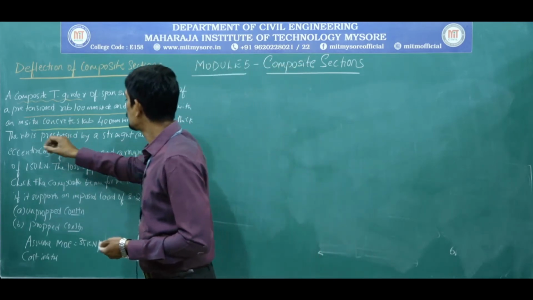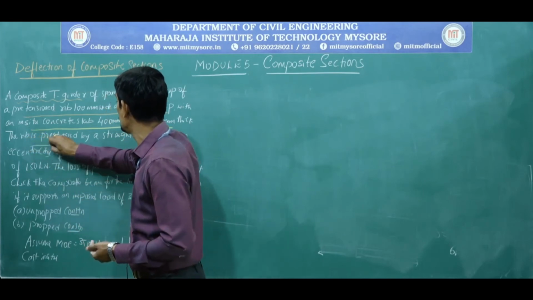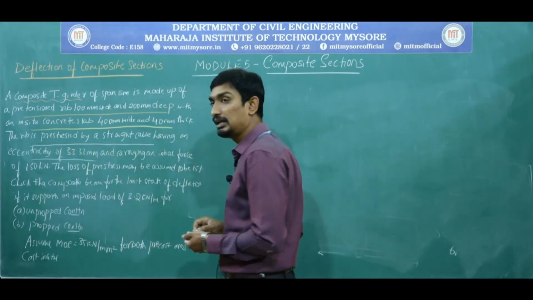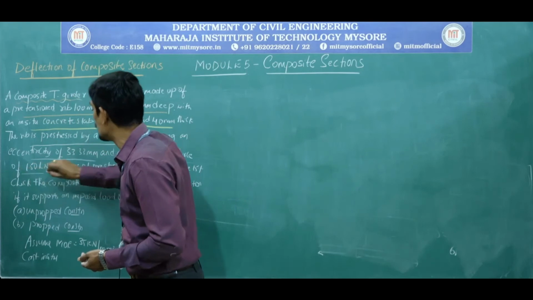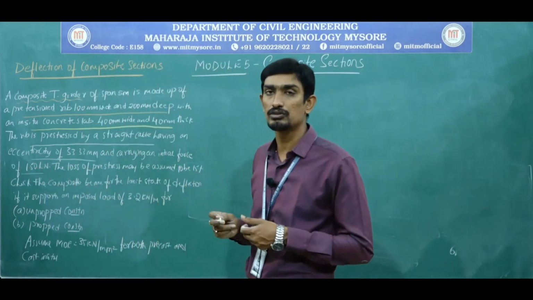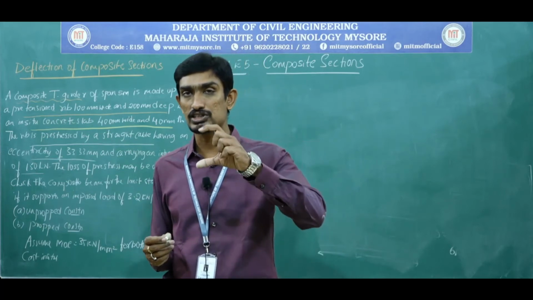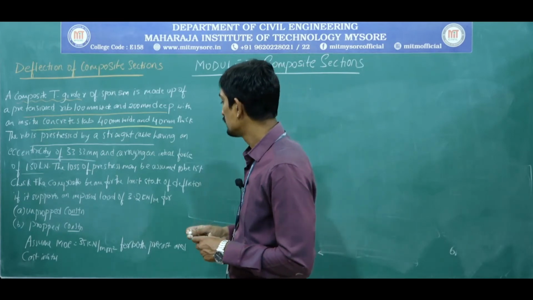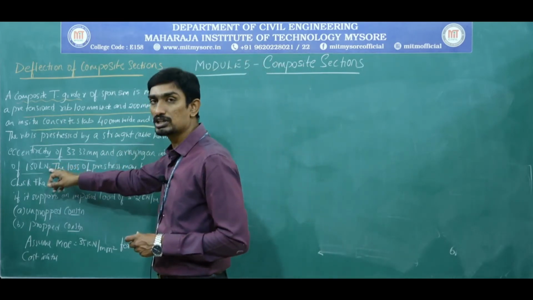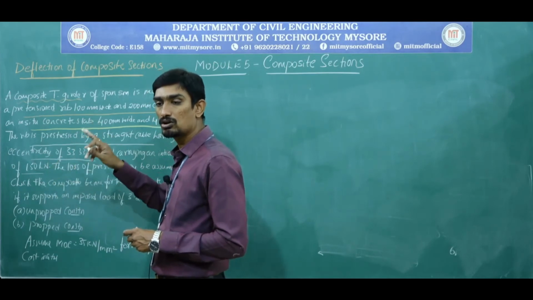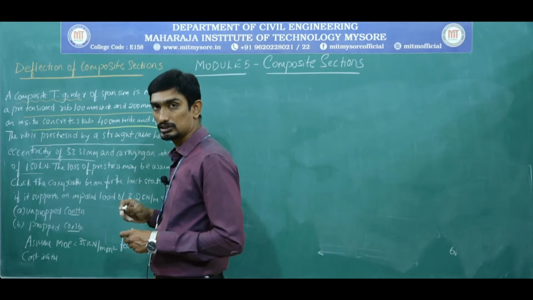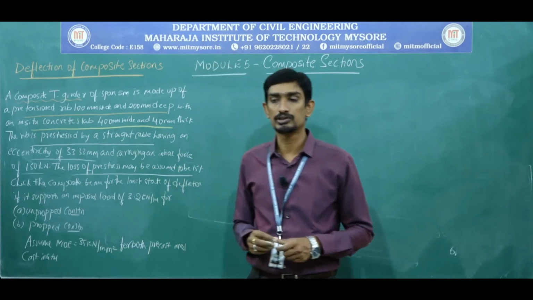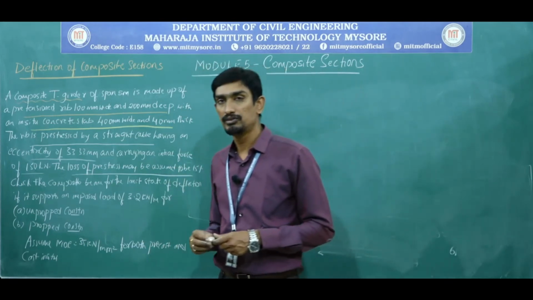Next, the pre-tension rib is pre-stressed by a straight cable having an eccentricity of 33.33 millimeter and carrying a force of 150. That means I have induced the pre-stressing force of 150 kilonewton at a distance of 33.33 millimeter from the central axis. Next, the pre-stressing force induced has undergone losses, so the loss of pre-stress may be assumed to be 15%.